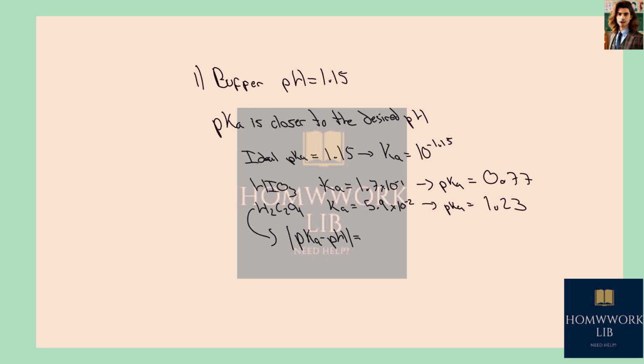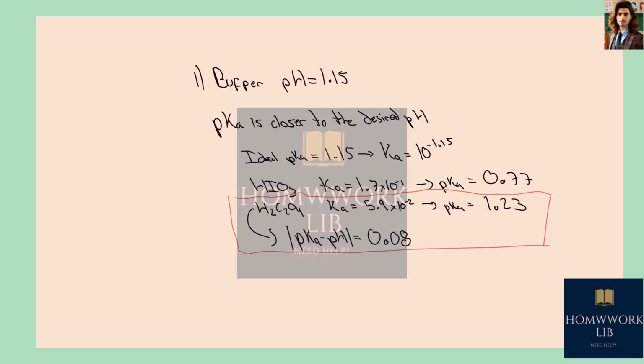In this case, it's 1.23 minus 1.15, so 0.08. And you can see clearly that for iodic acid, that value is larger. So the correct choice would be employing oxalic acid as a buffer for our solution.